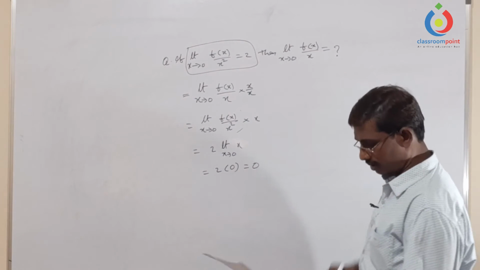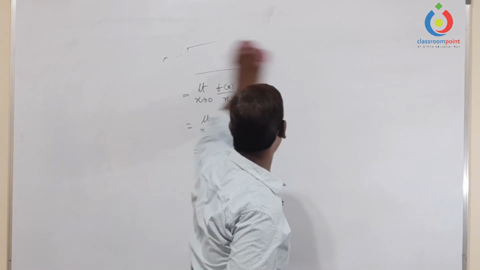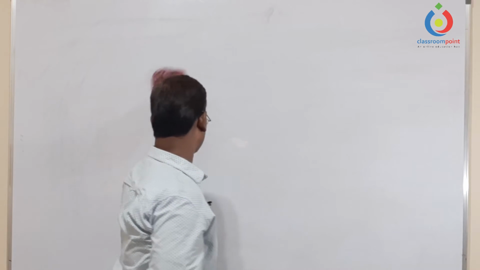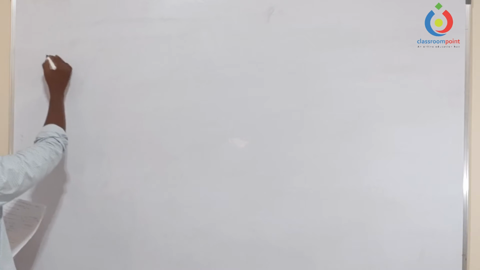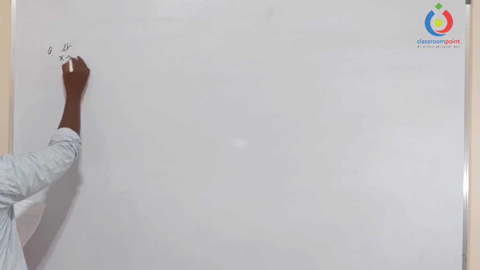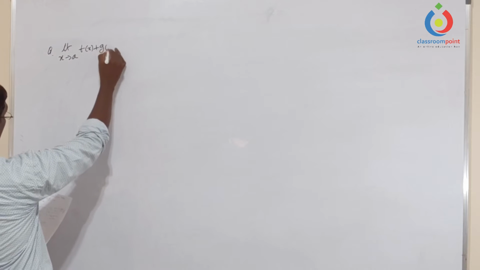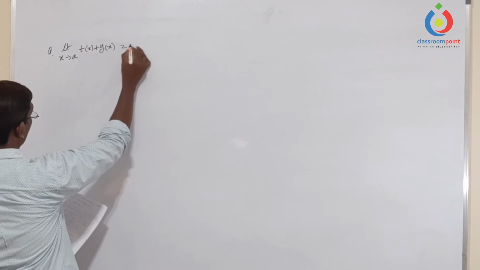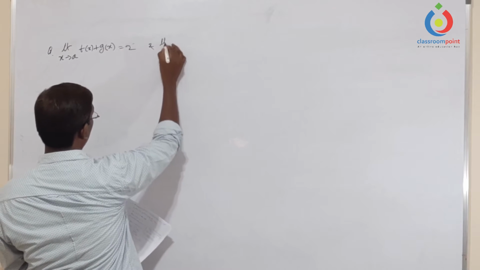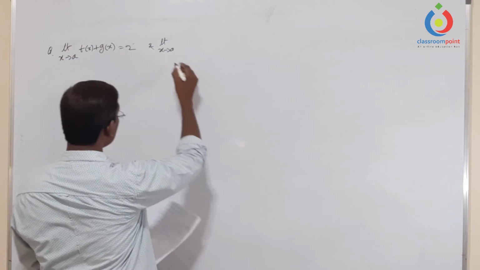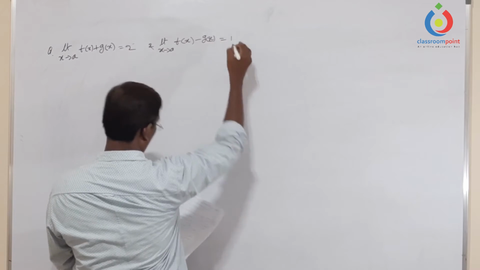Next, another question. Limit x tends to a of f of x plus g of x is equal to 2, and limit x tends to a of f of x minus g of x is equal to 1.